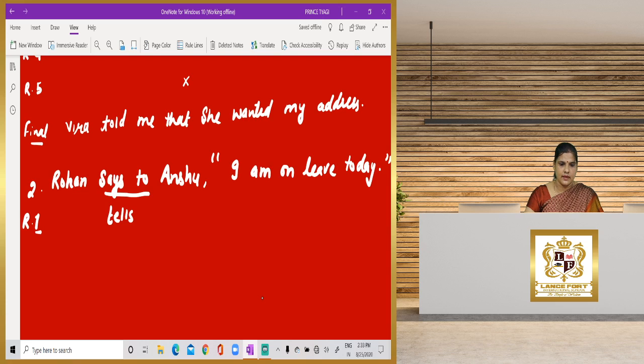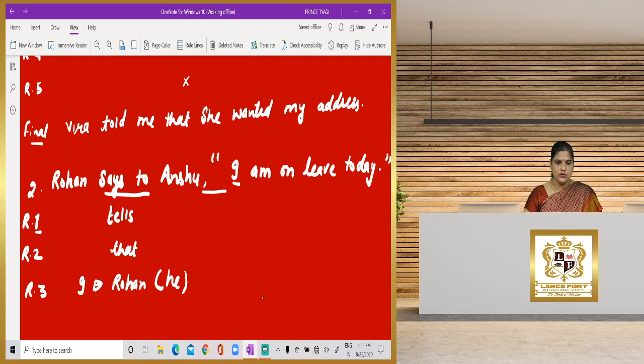Okay. Rule number 2, comma and inverted comma change into that. Rule number 3, change the pronoun. Now I will change into Rohan, and Rohan is a boy, so we will use the pronoun he in place of Rohan.